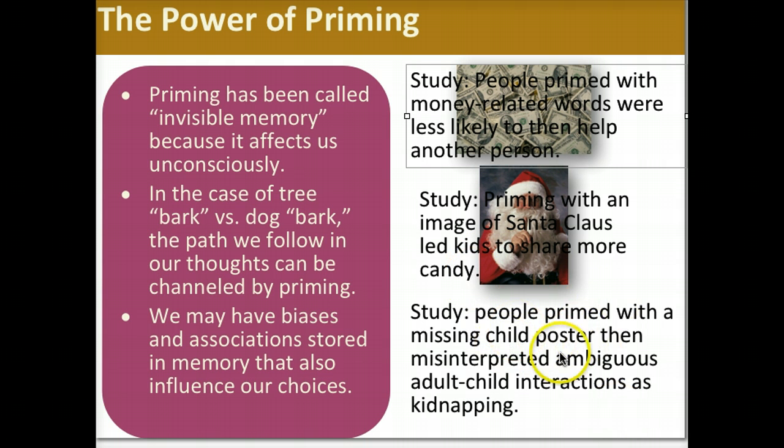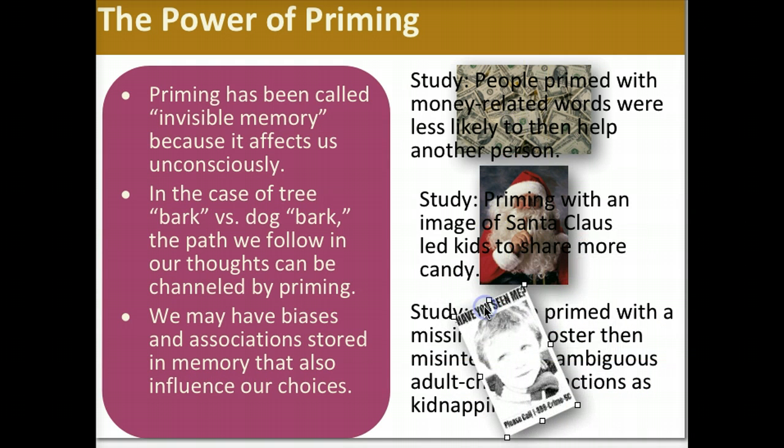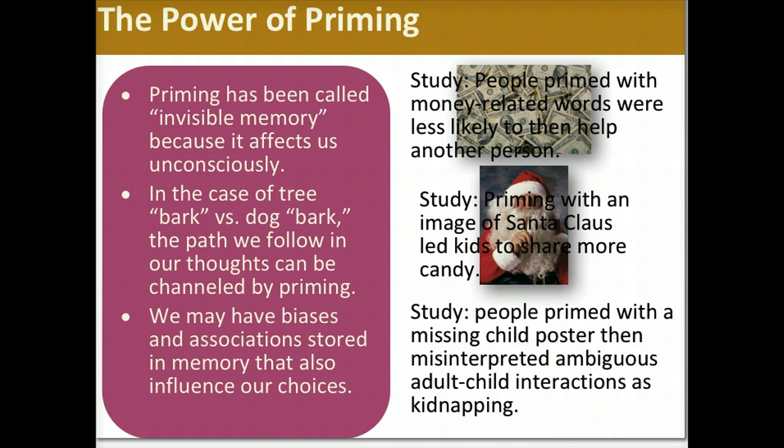People primed with a missing child poster then misinterpret ambiguous adult-child interactions as kidnapping. A little bit harder to understand. If we were to see that picture, the old "Have you seen me?", you've seen them, you know them. Then basically we're looking for child molesters, pedophiles, kidnappers everywhere.